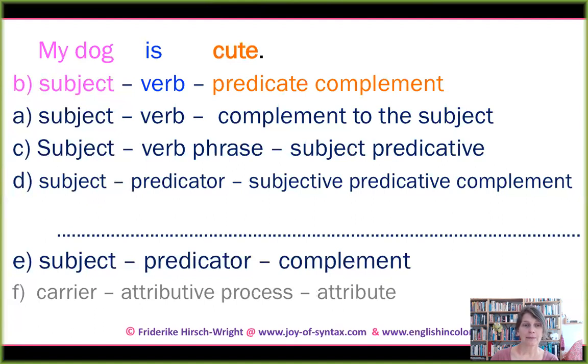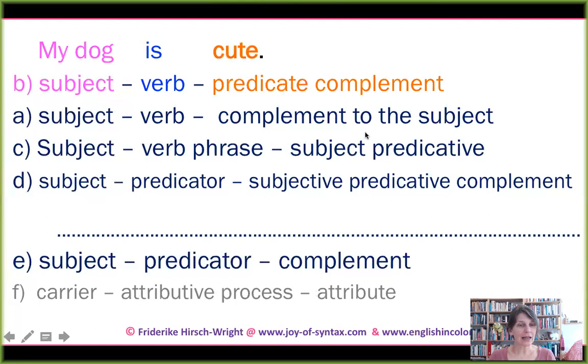Longman follows the same thinking, only they choose a different term and say subject predicative. Complement to the subject and subject predicative are identical elements. So look at these. The thinking in what I here called A and C is different from B, but A and C have the same kind of thinking and different terms. So here's a little bit of a problem.